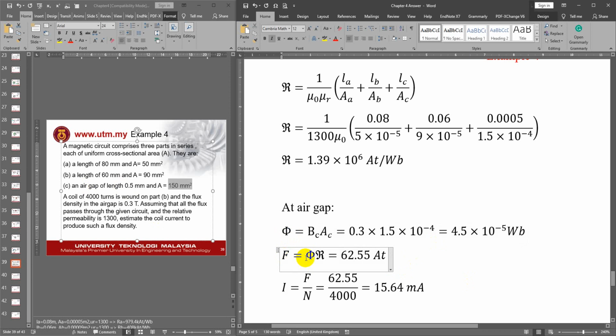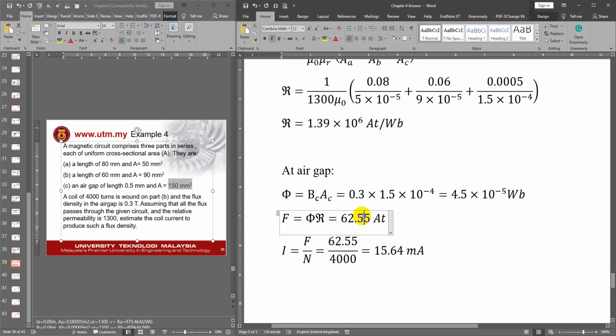F equals flux times R. You already calculated the R, you get the flux, you get this. Then after that, you can get the current. I equals F divided by N, N is the number of turns. Just apply all the formulas, you get the answer, which is 15.64 milliampere.